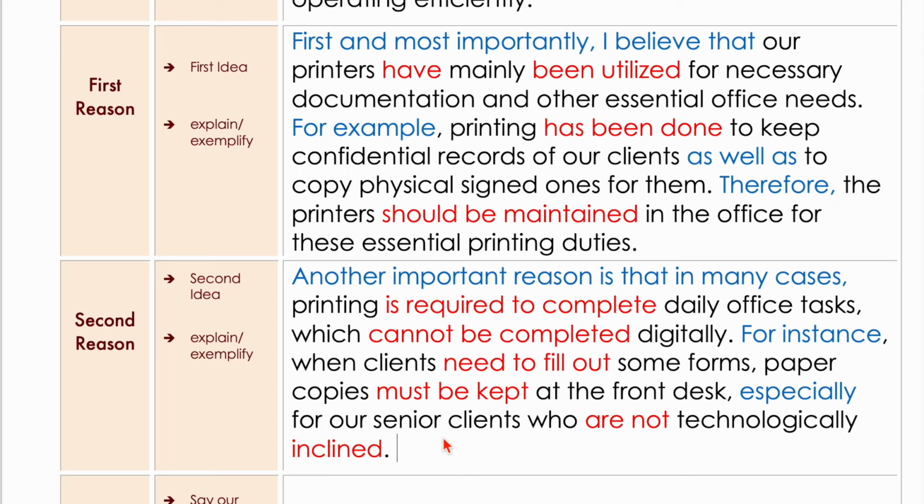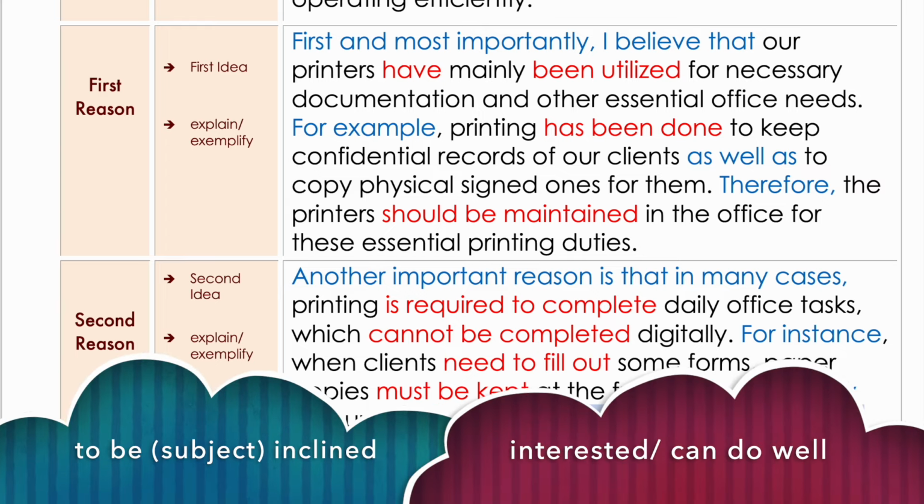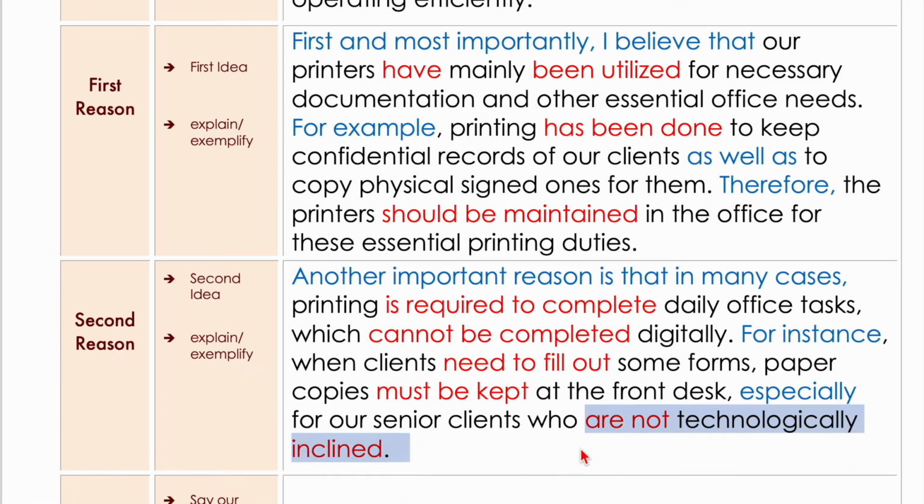So that's true. And also, I like how in here it explains for our senior clients. Senior clients, they have a tough time completing forms on smartphones or tablets, okay? And this is a really good, I would say, expression, not inclined, not technologically inclined. To be inclined means to be interested or to be knowledgeable about something.